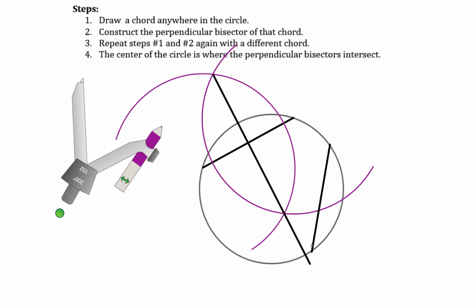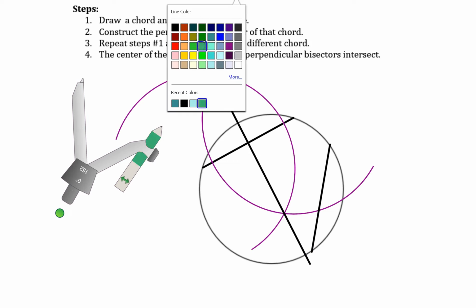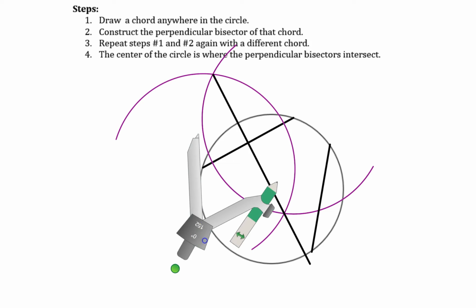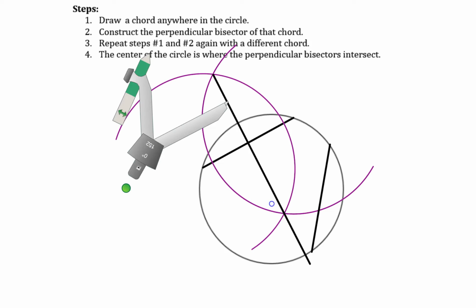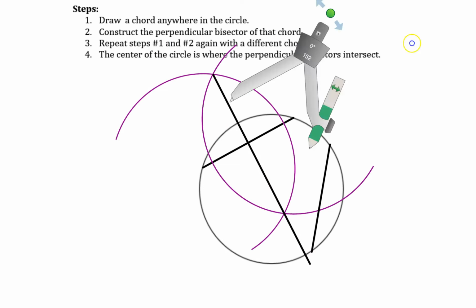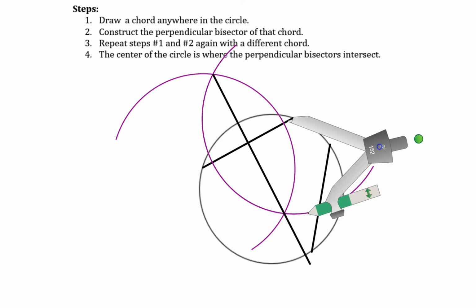So here's another chord. I think with my compass now, I'll do this in a different color. How about green? Sure. Alright, perpendicular bisector of this chord.